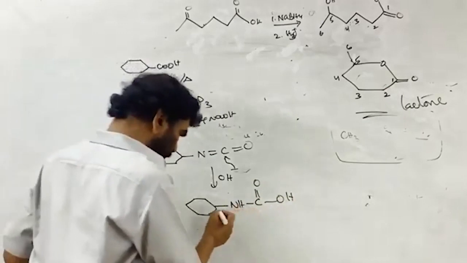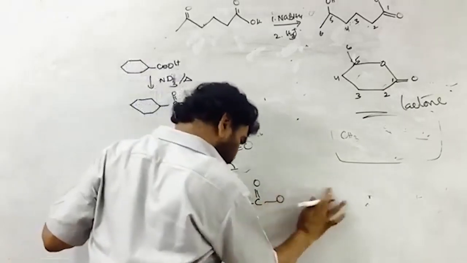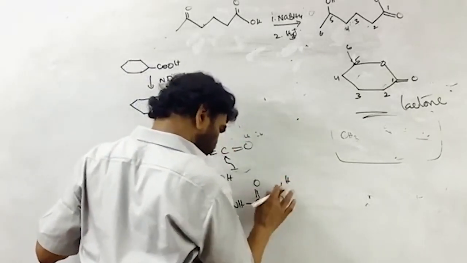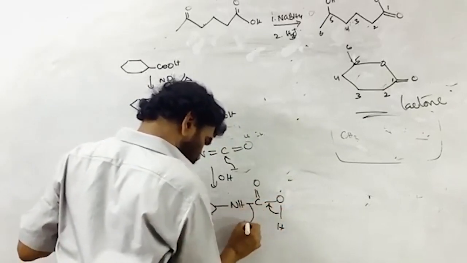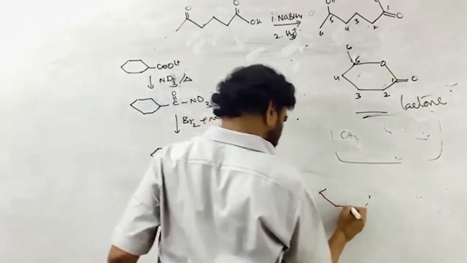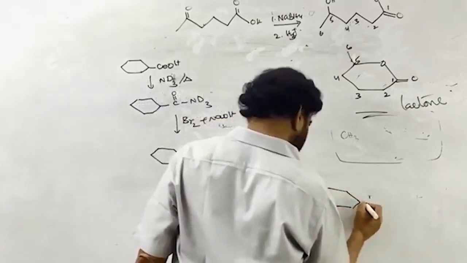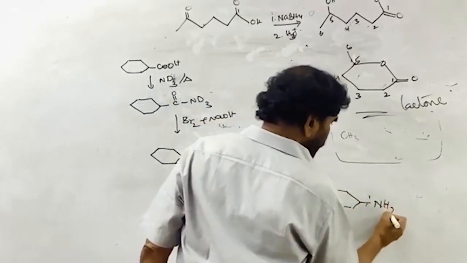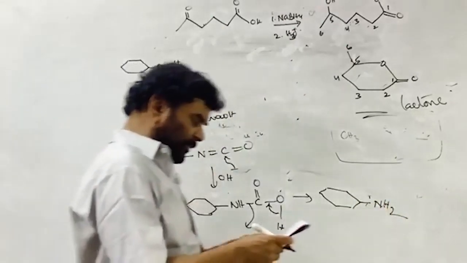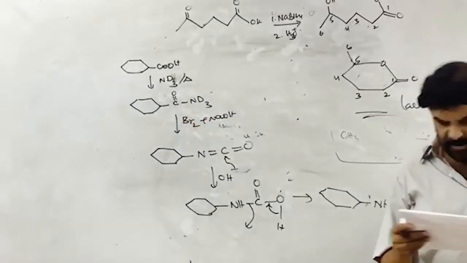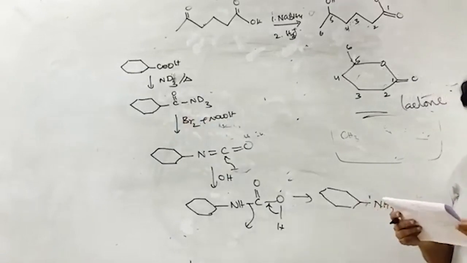Now it undergoes decomposition. This gives the amine. This is the mechanism of the Hoffmann bromamide reaction, plus carbonate ion is formed. Cyclohexanamine is the product of the reaction.